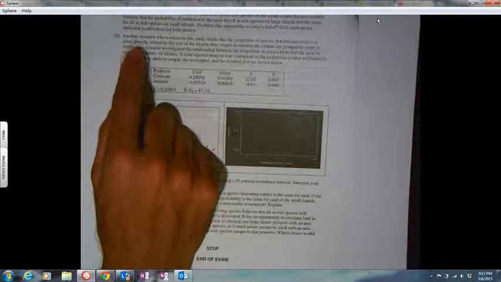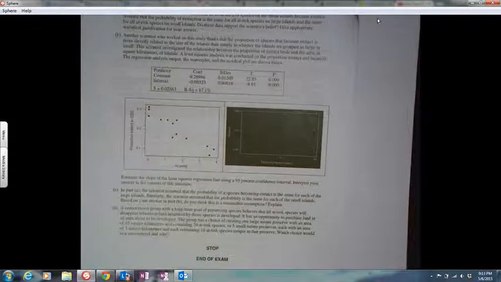Just got a quick request to do problem 6b on the homework. It says, another scientist who worked on the study thinks that the proportion of species that becomes extinct is more directly related to the size of the islands than simply to whether their islands are grouped as big or small. So in other words, this scientist is like, you know what?